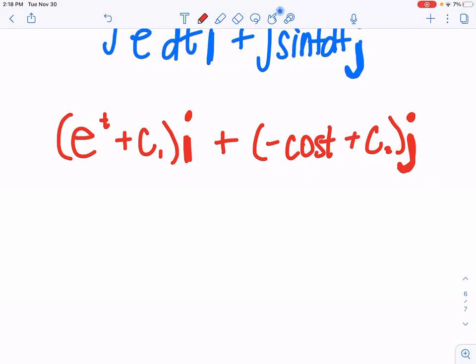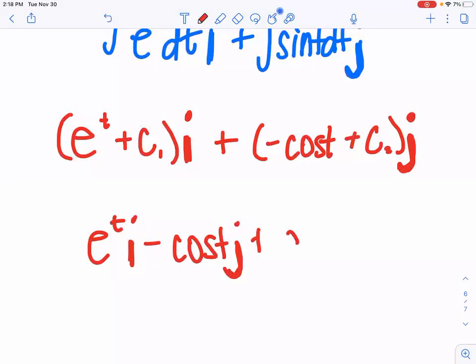Now notice how we have a constant times i plus a constant times j. Do you see that? Yes, that's what I wanted you to figure out. So what we have is a constant vector.